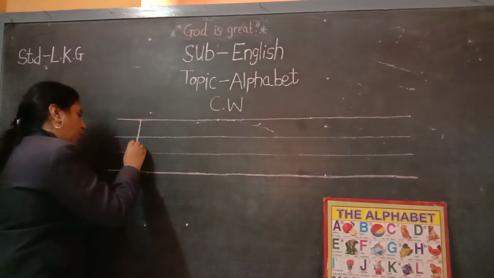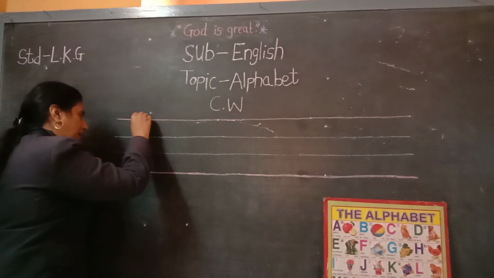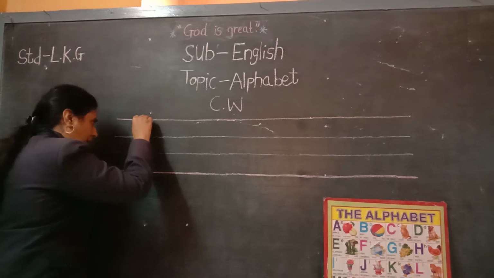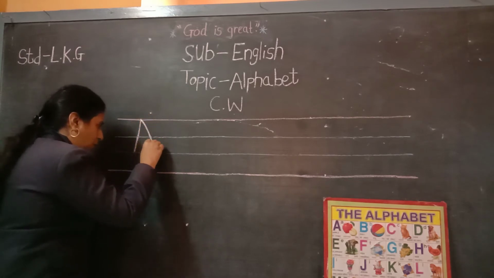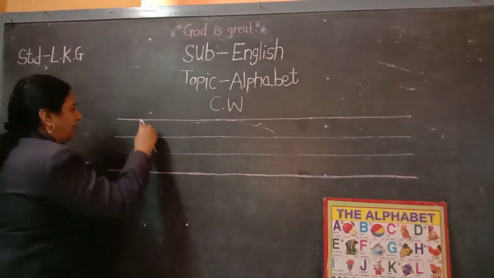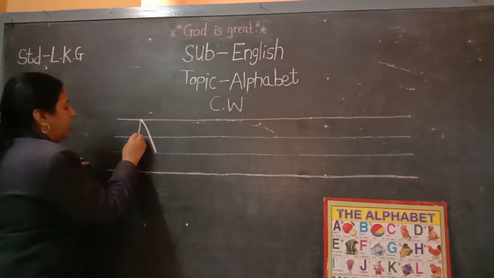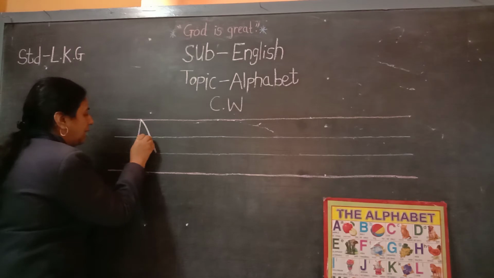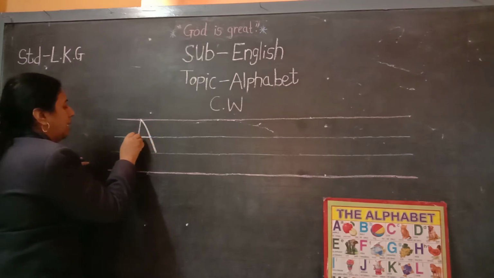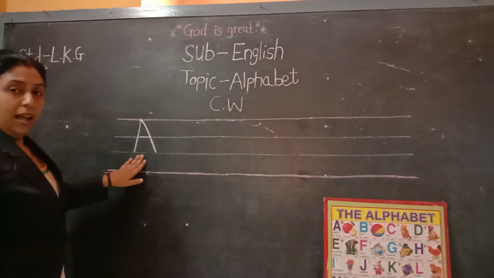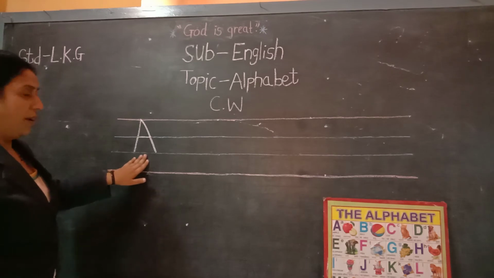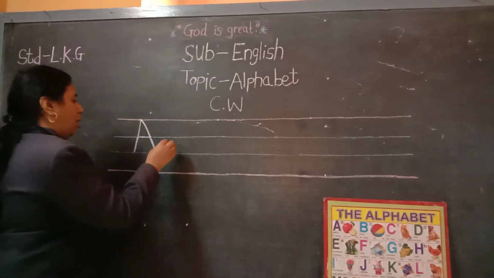Again put your pencil on this dot and come down. Now right slanting line. Which line is this? Right slanting line. And join this. Sleeping line. Capital A. Now look here.